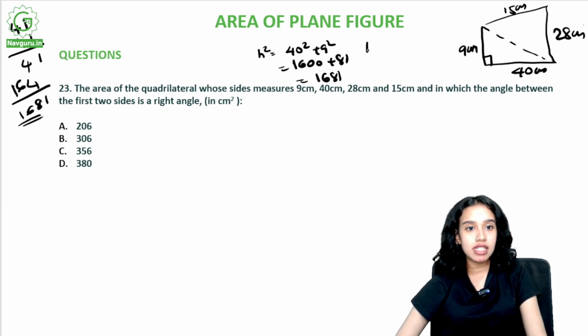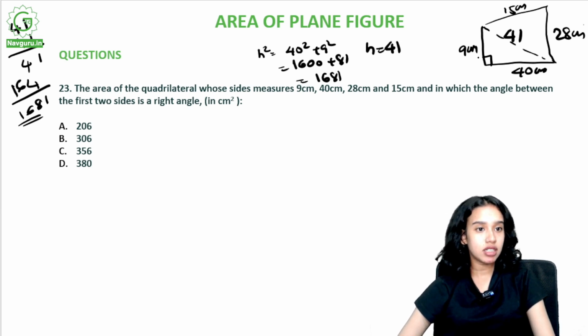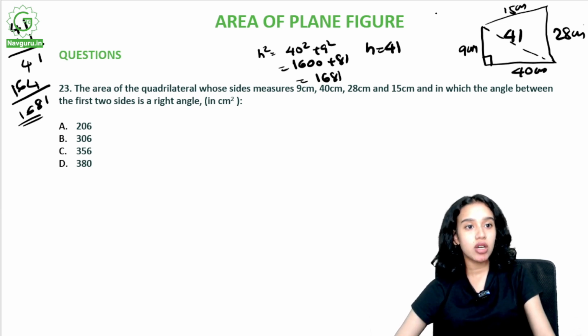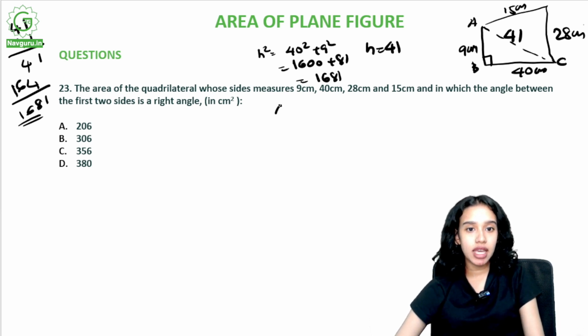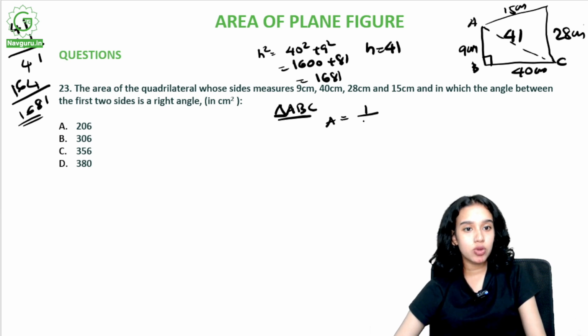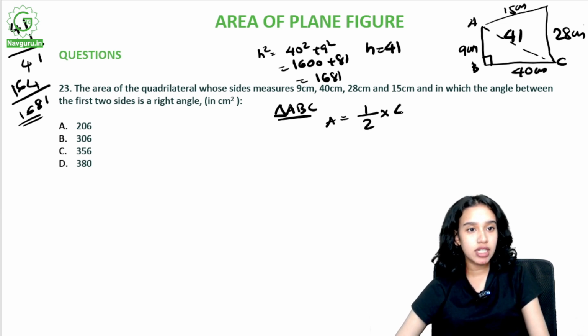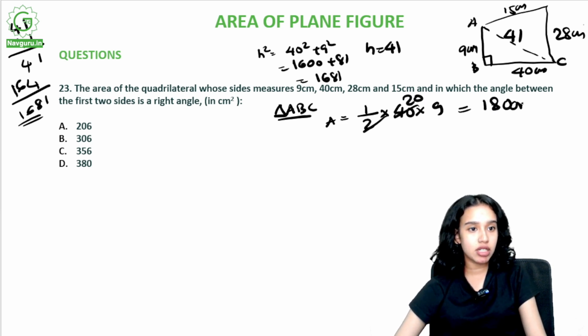So we know that h is equal to 41, right? Now, what is the area of this triangle ABC? Area of the triangle ABC is equal to half into base 40 and height 9. So this is 20, and 20 into 9 is 180 centimeter square.